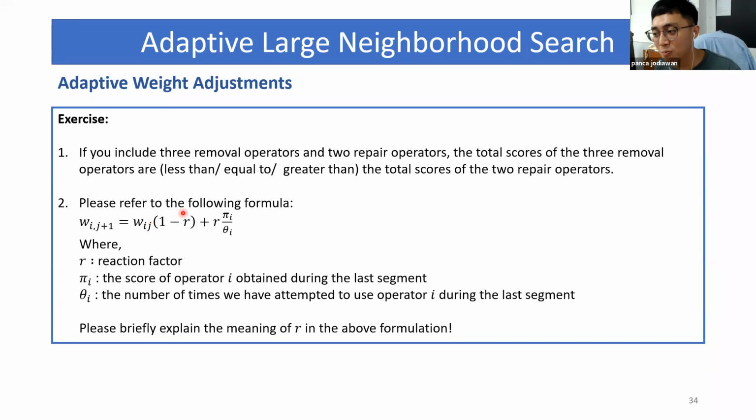And if we put a higher value in the other part, it means that we want the historical records to have a higher influence on the Wij plus 1. So that's how to interpret the R, the reaction factor.